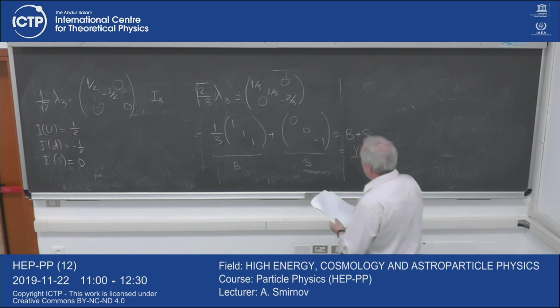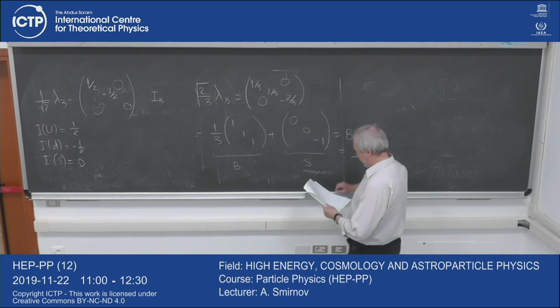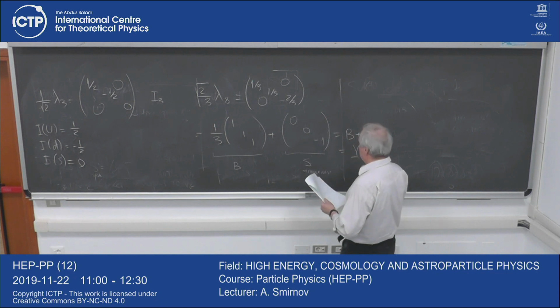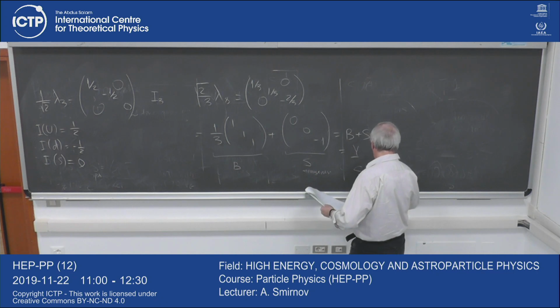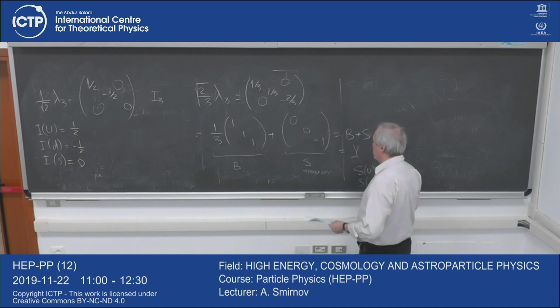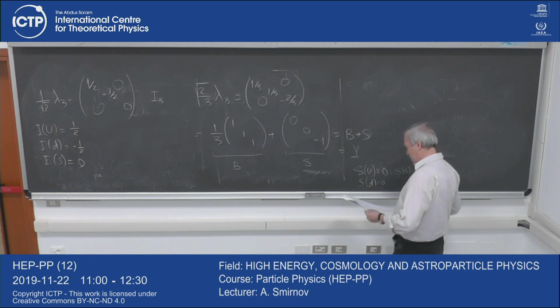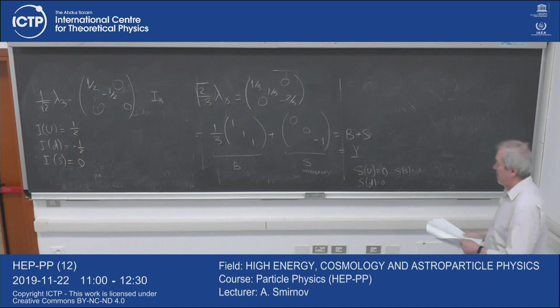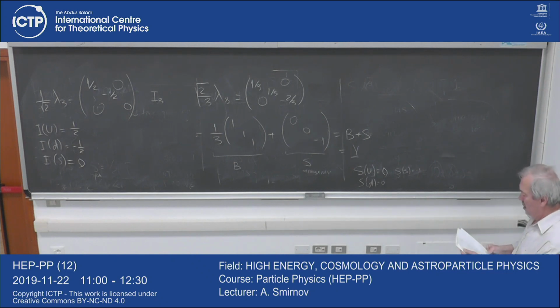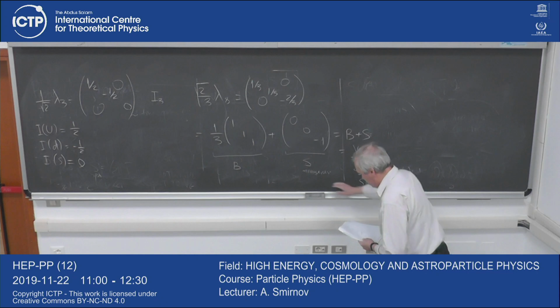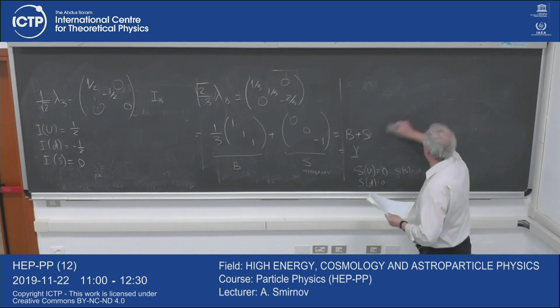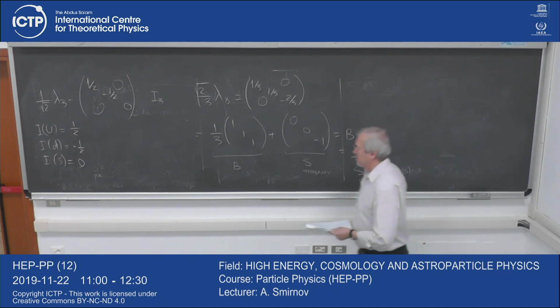And so what we see from here is that, for instance, taking this part, strangeness of U quark is 0, strangeness of D quark is 0, and strangeness of S quark is minus 1. Let me give you the table of these properties of quarks.